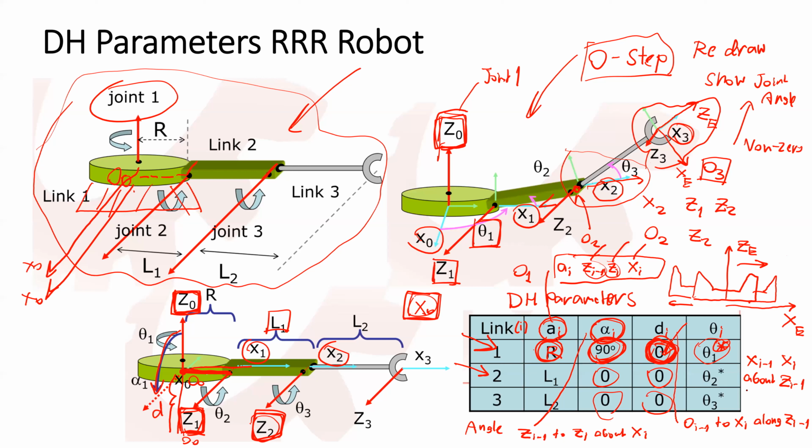So the angle will be the angle between X1 and X2 about the C1. So the angle is theta 2 in this case.